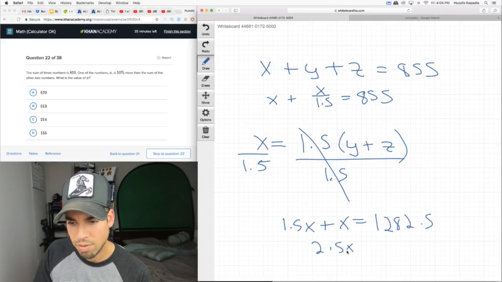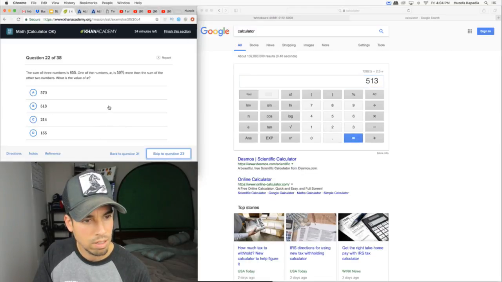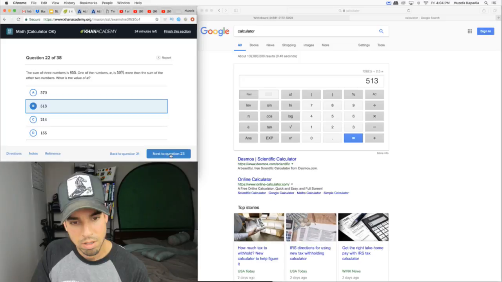It becomes 2.5x equals 1282.5. Divide by 2.5 on both sides, and 1282.5 divided by 2.5 equals 513, so x is 513.